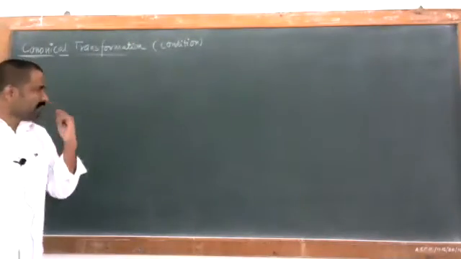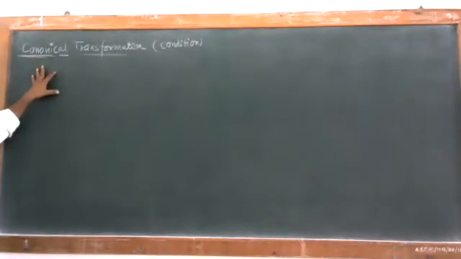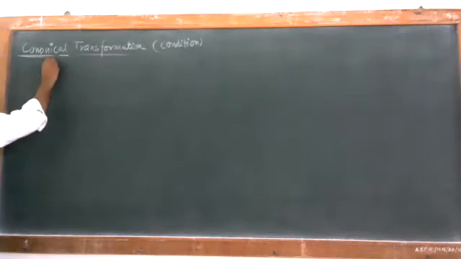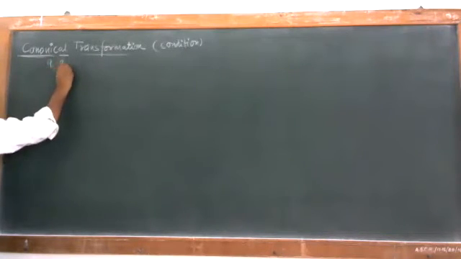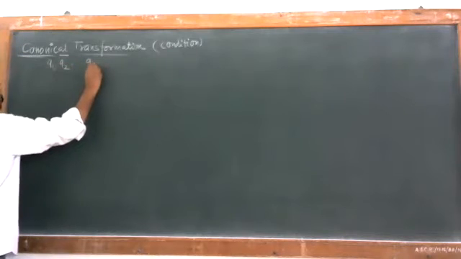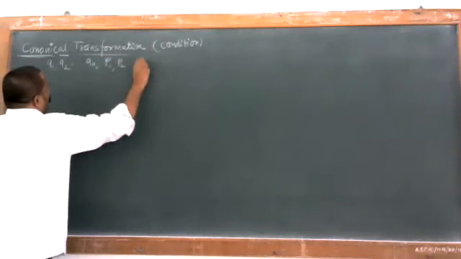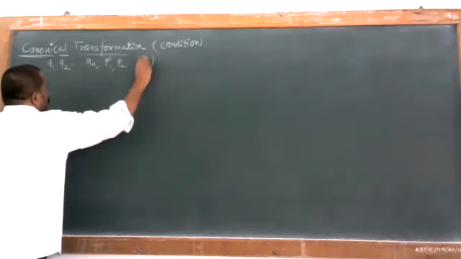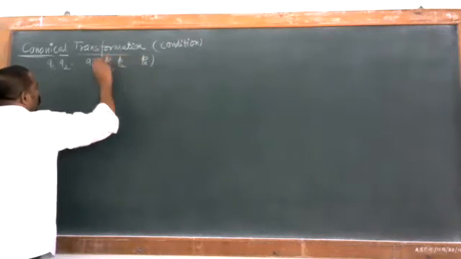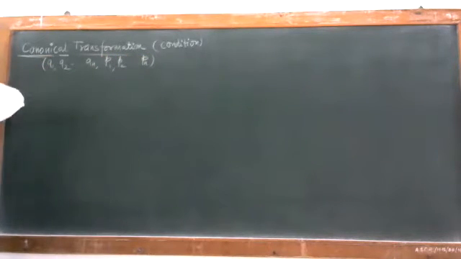So we have to look at the conditions for this canonical transformation. That means we have to look at the transformations from the variables, that is our old coordinates. What are the old coordinates? That is q1, q2 up to qn, then p1, p2 up to pn. These are the small q1, q2 and p1, p2.